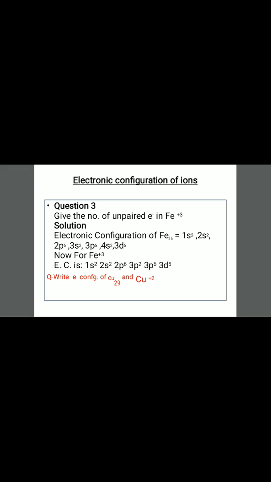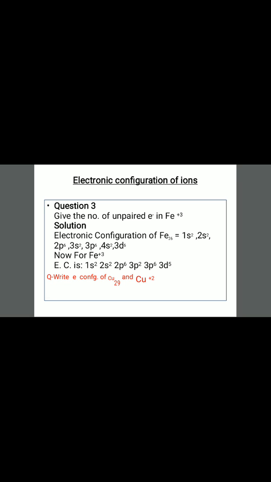You have to first write the electronic configuration of iron. Iron has atomic number 26. Now for Fe3+, it means it has to lose 3 electrons. Now, from where will these 3 electrons be lost?